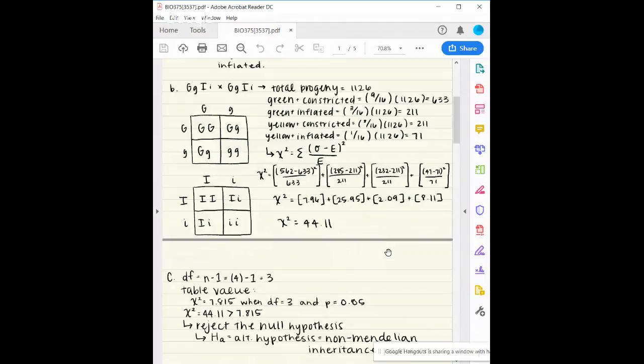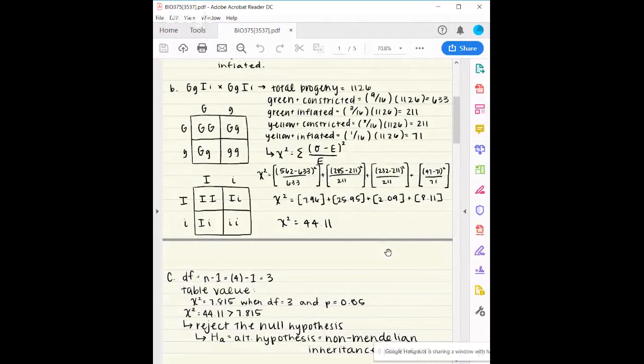Then we found the total amount observed, which came out to be 1,126. From there, we take 9/16 and multiply it by 1,126, and we get our estimated amount. We do that for all of them. The green inflated, which is 3/16, we multiply by 1,126. All of them are listed there, and we come out with the estimated values.